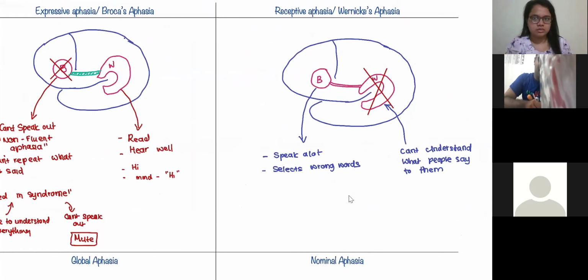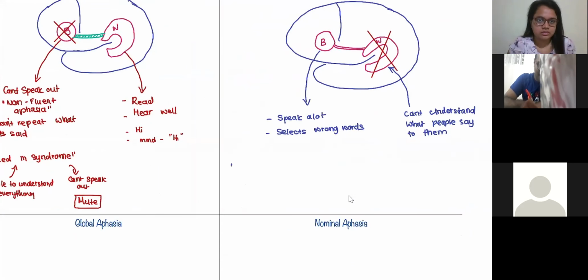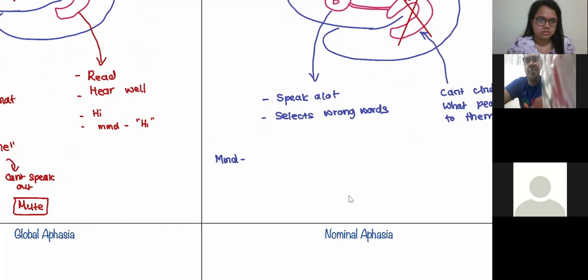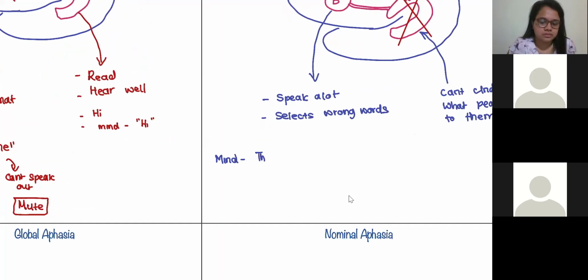So in receptive aphasia, these patients are speaking, but they don't know what they're speaking. In their mind, they think they're going to say, that is a beautiful rose. In their mind, this is what they want to say.